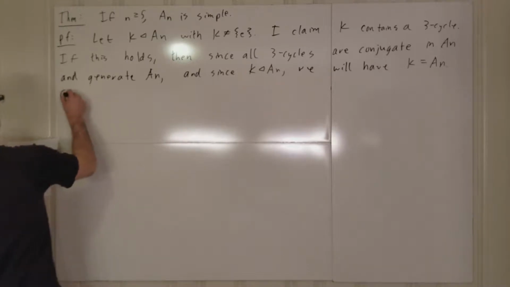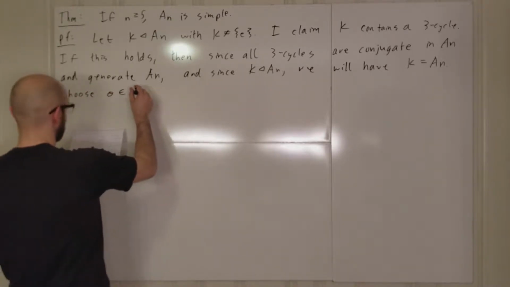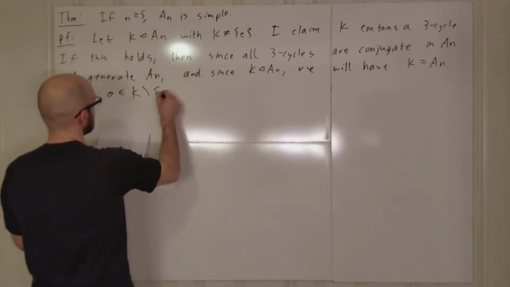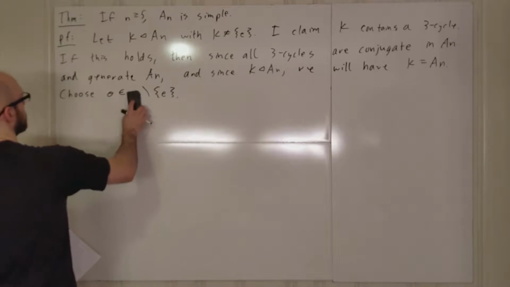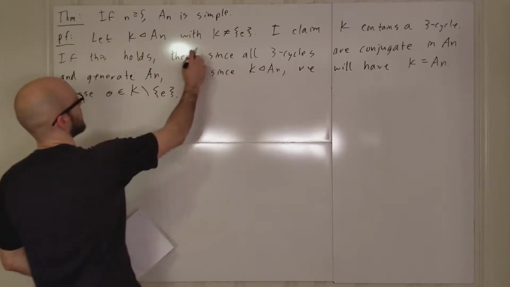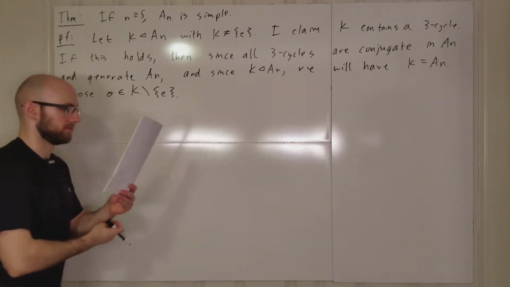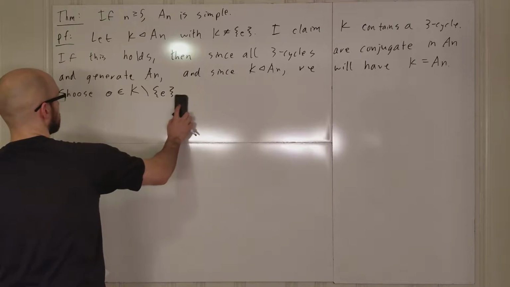So now we're going to choose some sigma that is in K but not the identity e, some non-trivial element of K, and we can do that because we're assuming that K is not equal to just the trivial group. But we're going to do more than this.